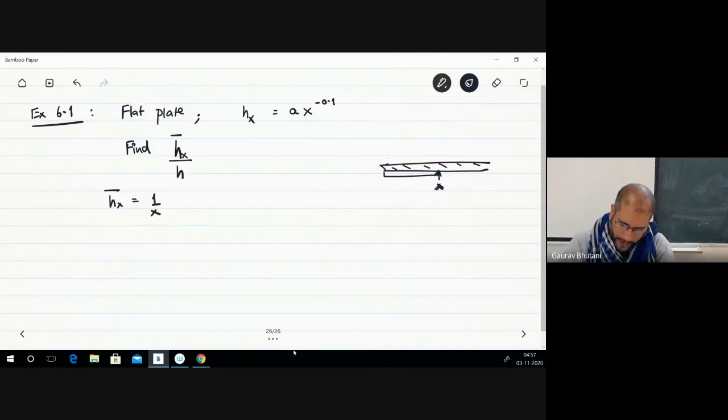is 1 by x integral 0 to x, and then we have to use a different variable, so we'll call it x tilde. So what I really want to find is, for any distance of the plate I take, what is the value of the average from the beginning of the plate to that distance, and I want to compare that to the local heat transfer coefficient at that exact x.